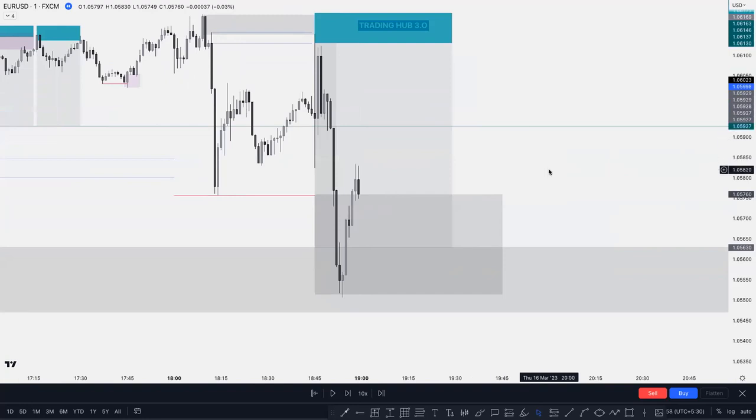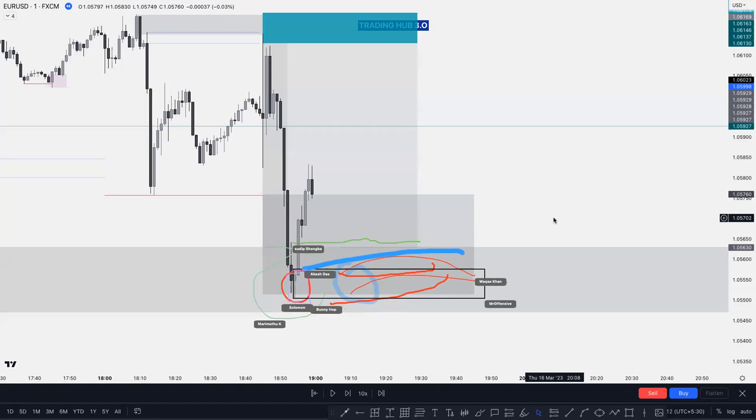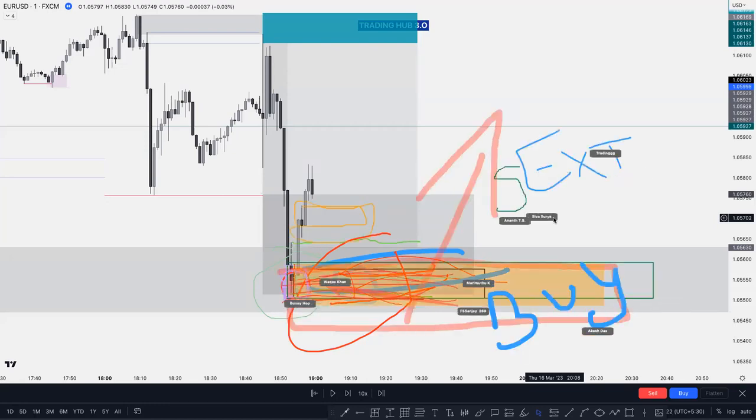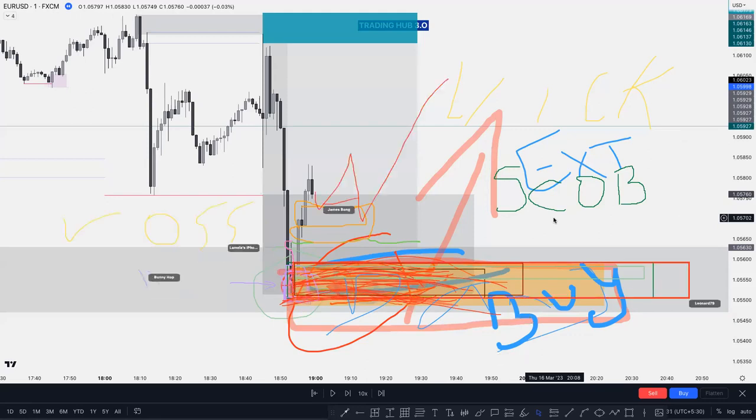So when can you buy here in this case? Everyone can annotate here. Where can you buy here? Single candle order block. Okay.